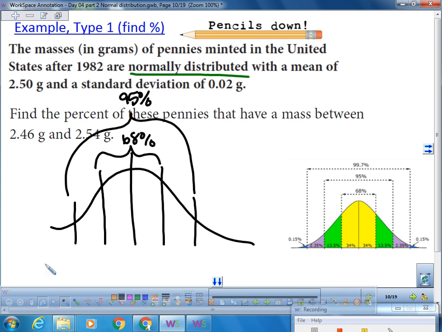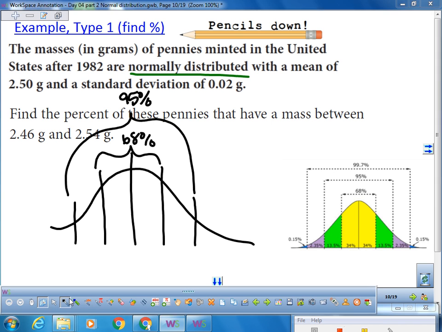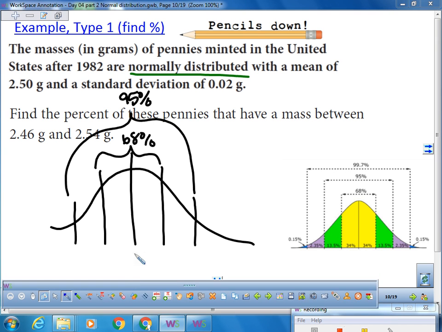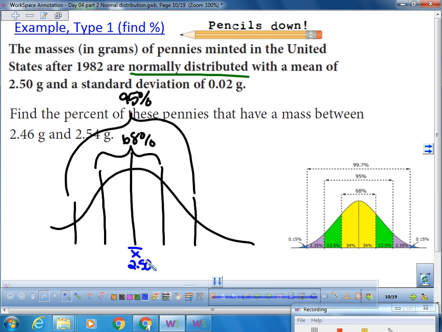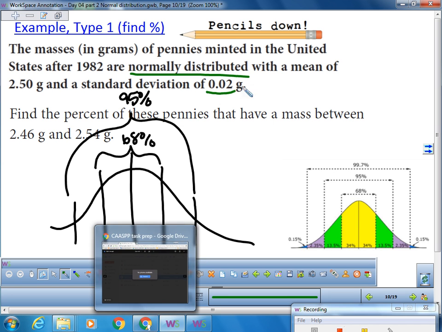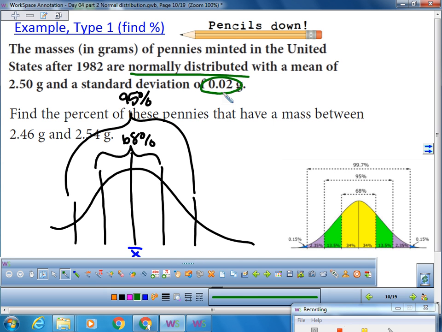Alright, it tells me that my mean is 2.50. So let me put that here. Here's my mean, which is 2.50. And then my standard deviation is 0.02. There's my standard deviation.